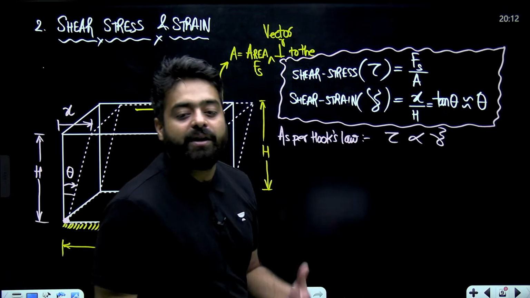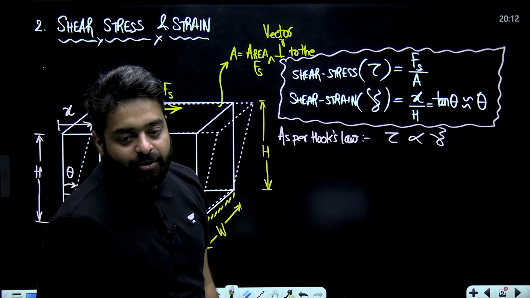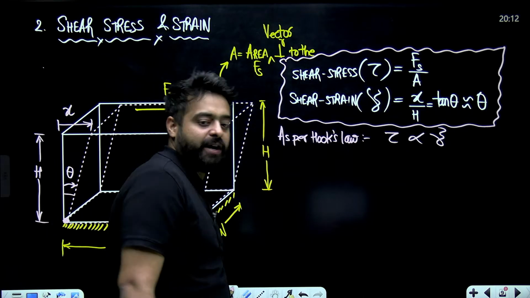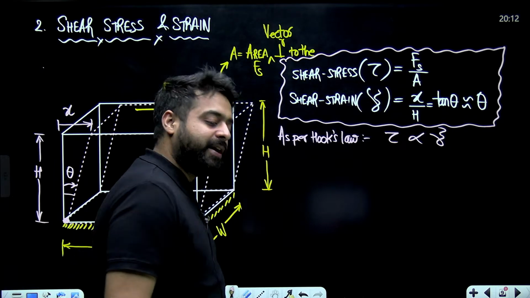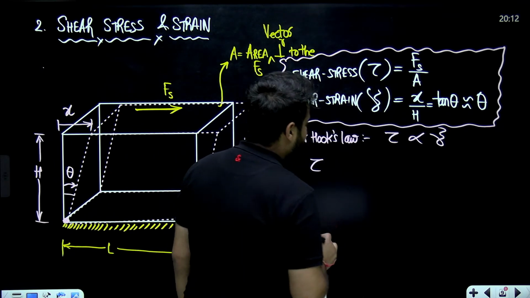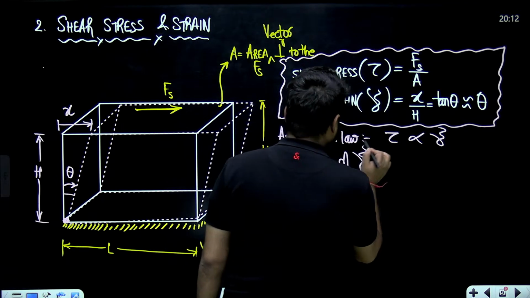The only difference is that now it's shear stress and this is shear strain. So now a new modulus comes into the picture. You can use any symbol; some people use mu, some people use eta, you can put anything. Then tau is equal to eta times gamma.